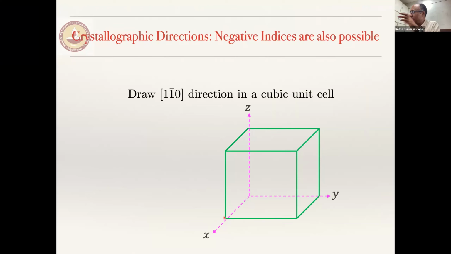So what I can do is stack another cubic cell to the left of it, because this is chosen as origin, right? Or I can move this entire thing here. My origin could be here. That could be my X, that could be my Y, that could be my Z. If that is the case, then 1 bar is this point. So my direction will be that, isn't it?